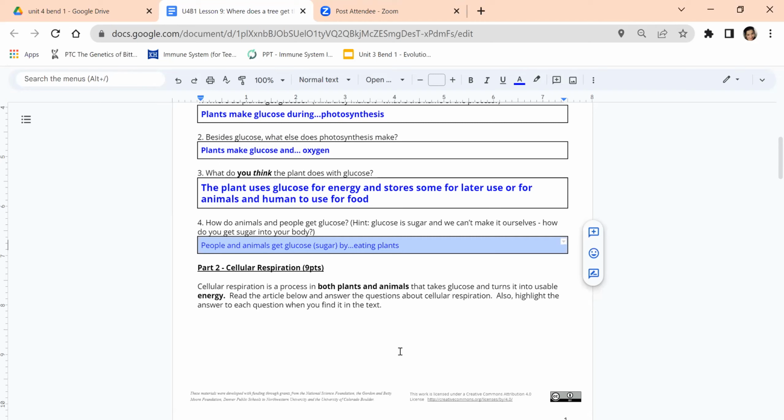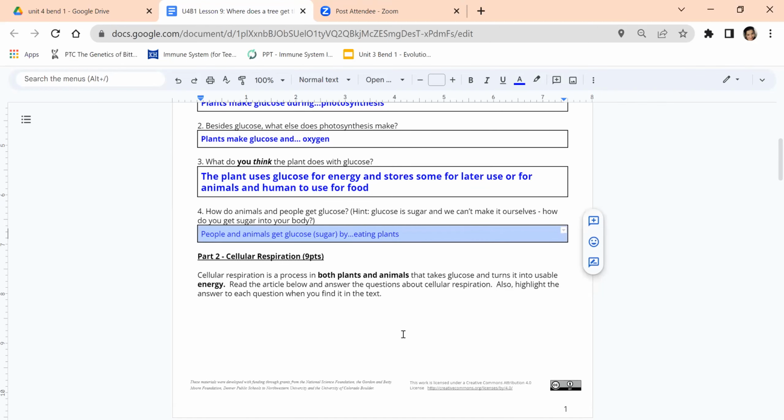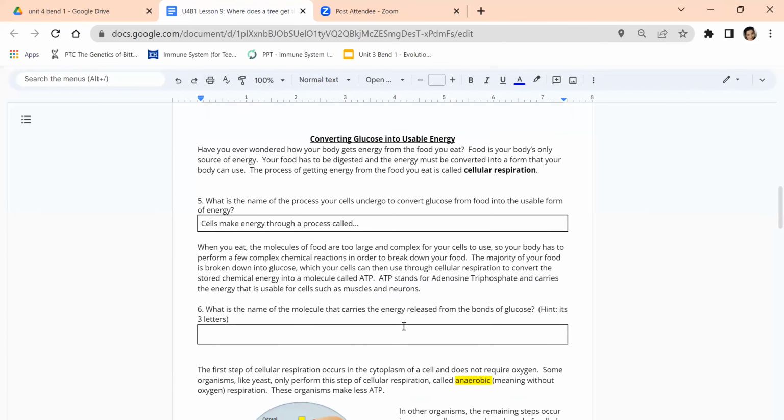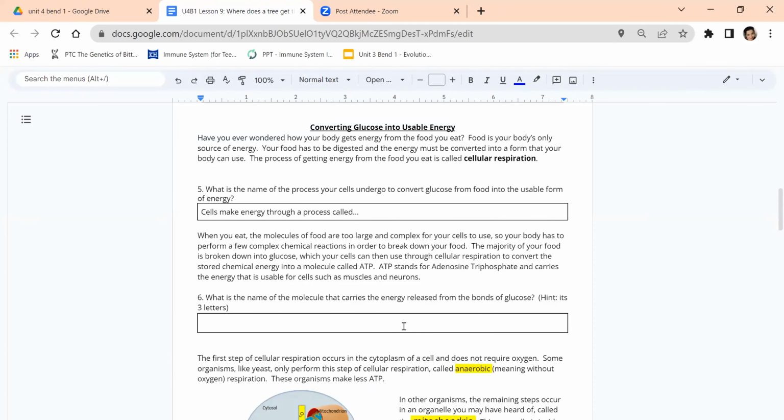We know that only plants can do photosynthesis, but plants and animals can do cellular respiration. That is where the glucose is turned into usable energy for the plants and the animals that eat the glucose. So let's look at this information and answer a few key questions.